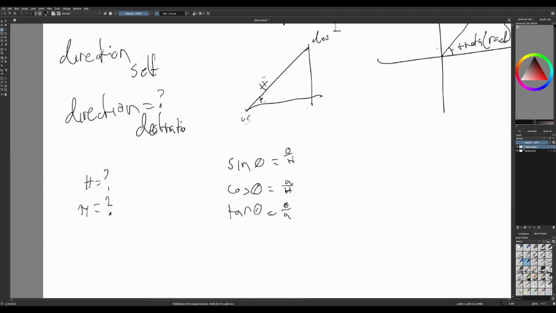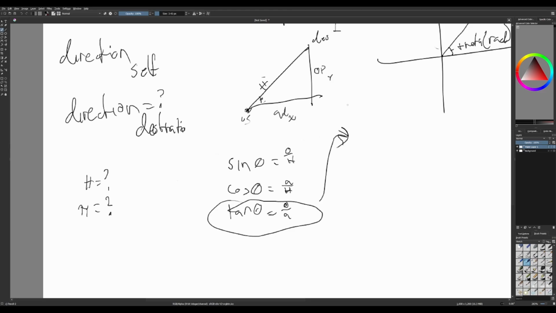Well, we have only the x's and the y, which means we have the opposite of wherever our location is. Okay, so we got the opposite, which is y. Got the adjacent, which is x, which means if we're going to find the angle, this is our guy right over here. So we rearrange this a little bit.